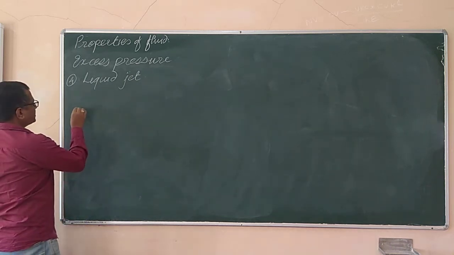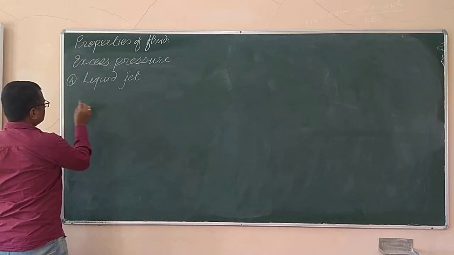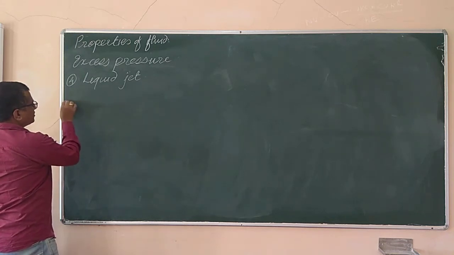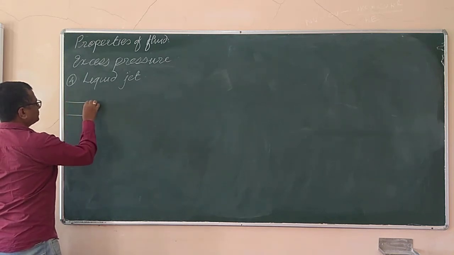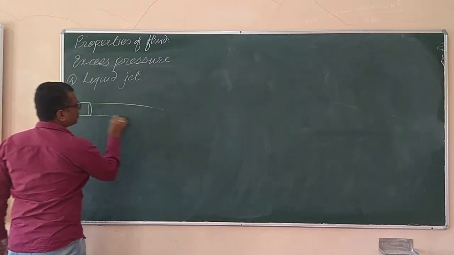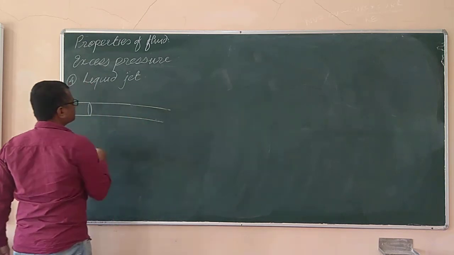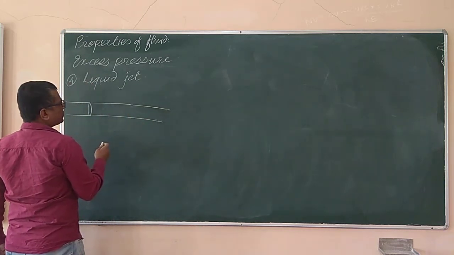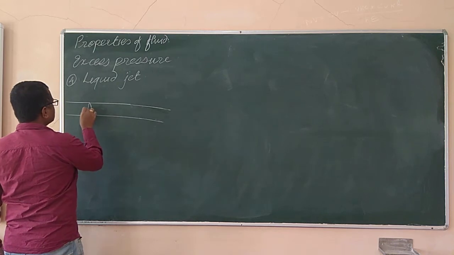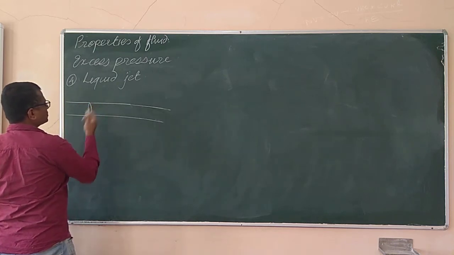Now consider that there is a jet of liquid coming out of a pipe over here, and that jet of liquid is going straight, or say inclined, doesn't matter. So this has some radius r or say diameter d.